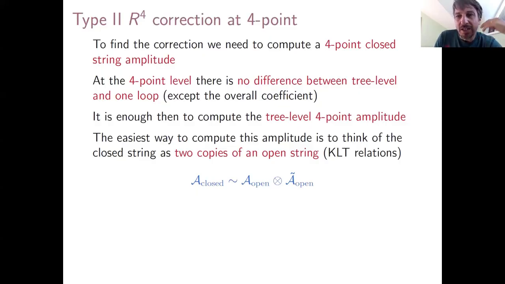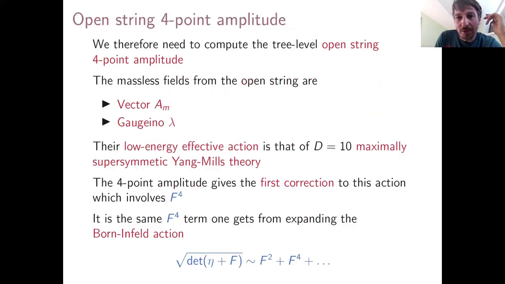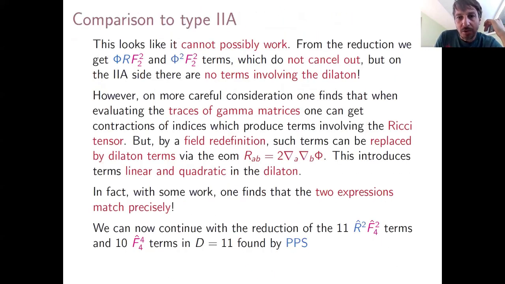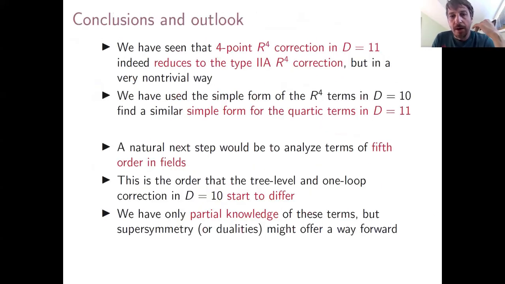Because if I wanted to compute the full correction, which will contain up to 8th order in fields, I would have to compute an 8-point one-loop amplitude, which is not going to happen anytime soon. Whereas there is some chance that using supersymmetry or duality symmetries or both, you have a better chance of nailing down the higher order terms in that way, I think.